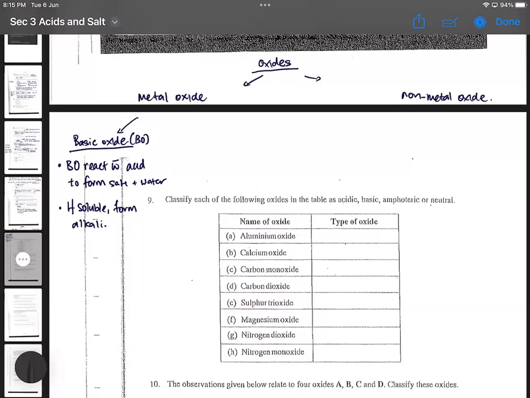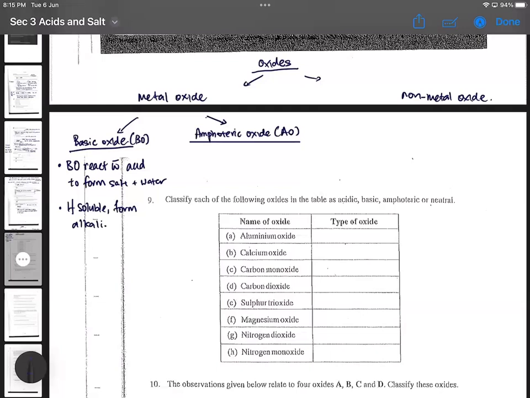Anyone with questions regarding basic oxides? If no questions, the second type of metal oxide is amphoteric oxides. I'll put as AO. Because they are metal oxides, right?